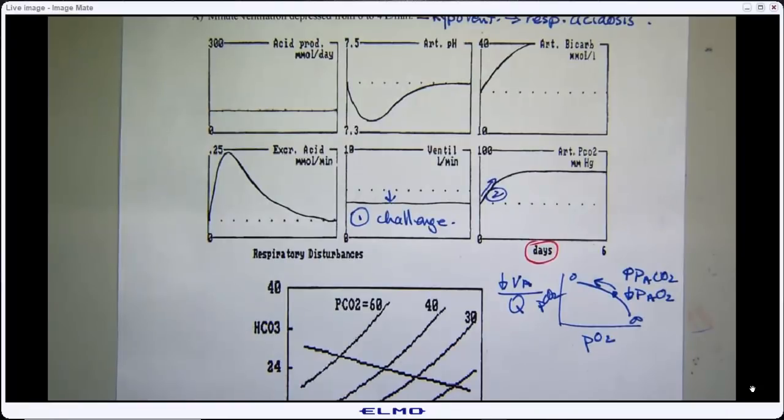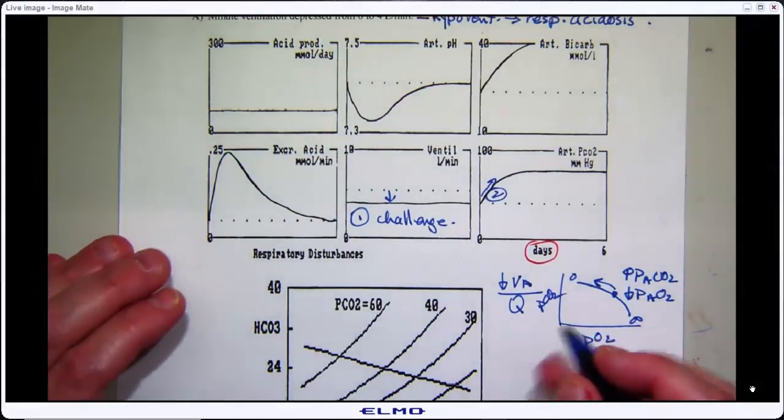So how is that going to affect hydrogen ion? What tool are you going to use to try to get yourself comfy with that? Yeah, you're going to use the Henderson-Hasselbalch equation. Perfect.